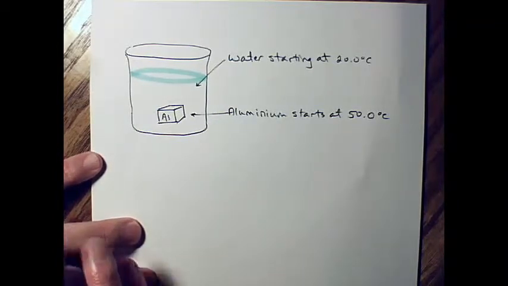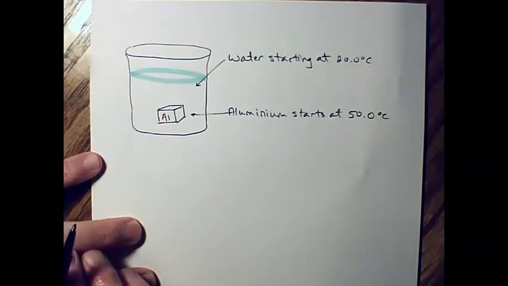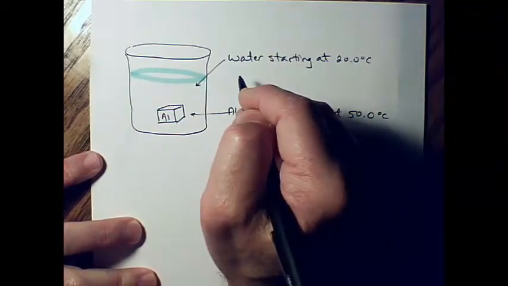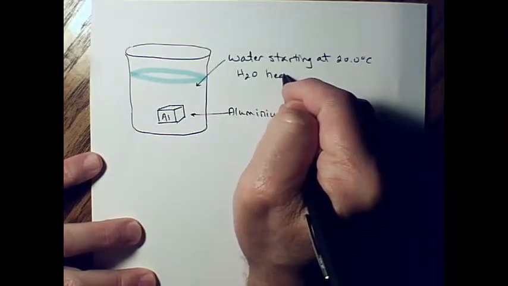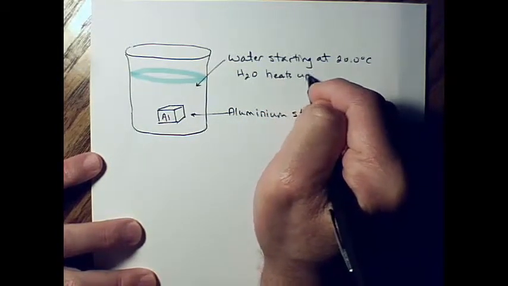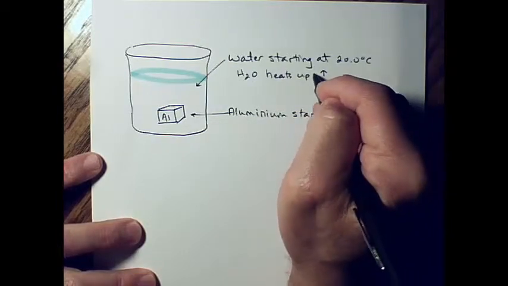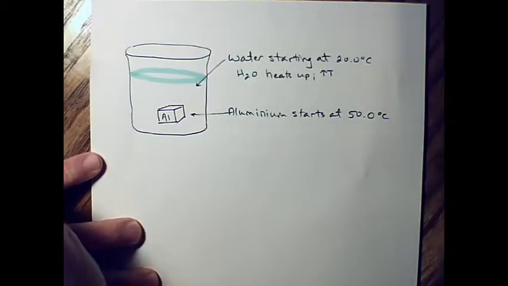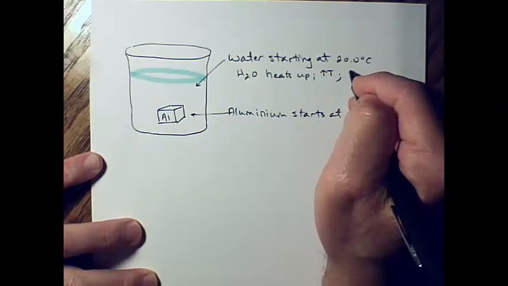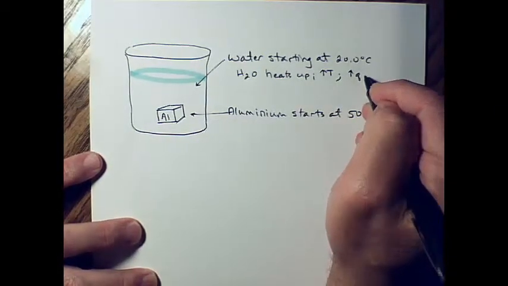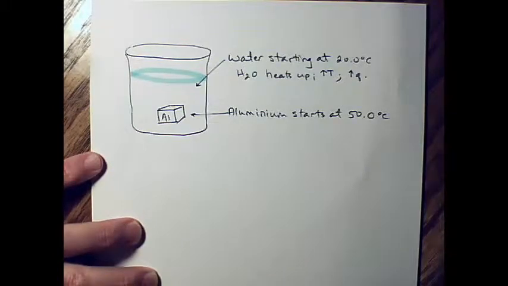What happens to the temperature of the water? We're going to increase the temperature because we are increasing the heat in the system. Q is the heat in the system. Okay? And what happens to the aluminum?